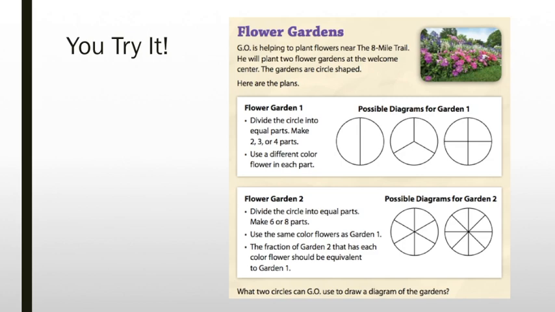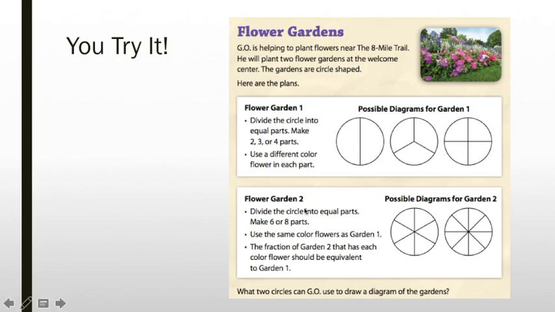Now, in the first flower garden, he wants to either divide the circle into halves, thirds, or fourths. Okay, and he wants to use a different color flower in each part. Now he just wants to use one color in each of those parts.